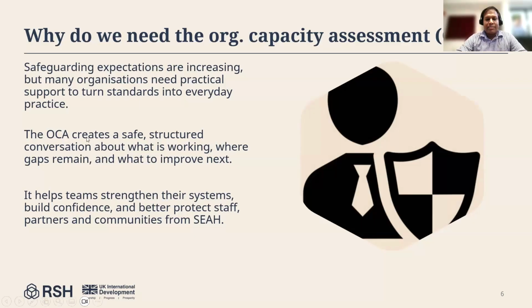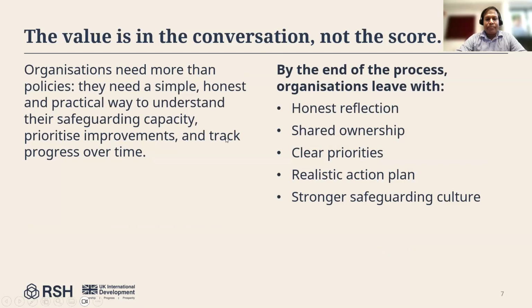These slides highlight a simple but important idea. The real value is in the conversation, not the score. Many organizations already have safeguarding policies. However, policies alone don't show you how safeguarding is being practiced in the organization.